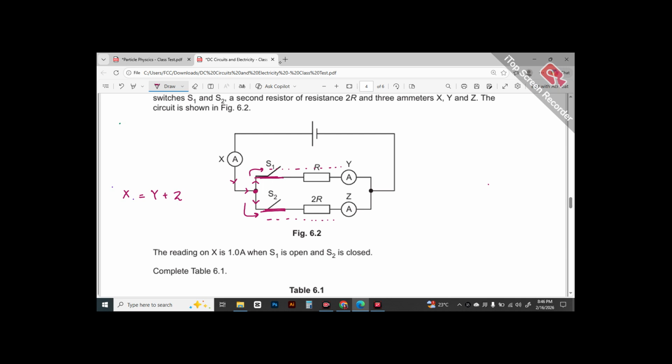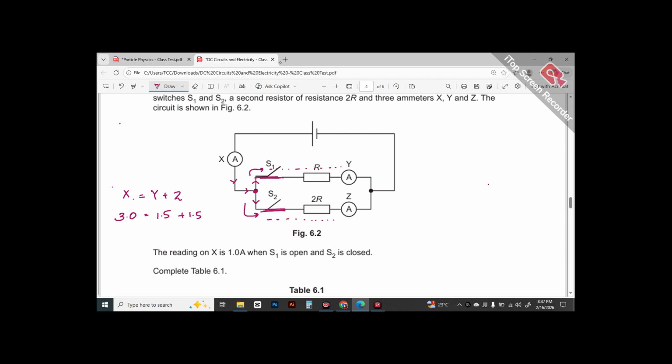That is, whatever was the reading in ammeter X, when you add the readings of ammeters Y and Z, the answer should equal X. One thing came to my mind. A few of you have done this: you said X is going to be 3 and Y and Z both of them are going to be 1.5.